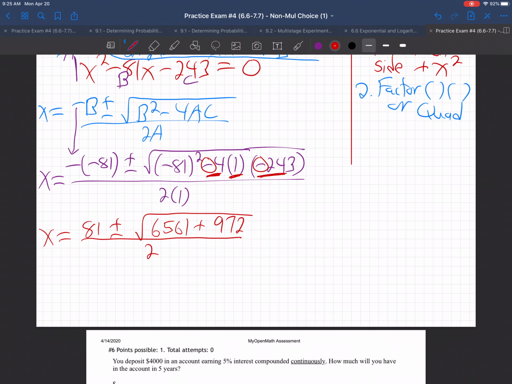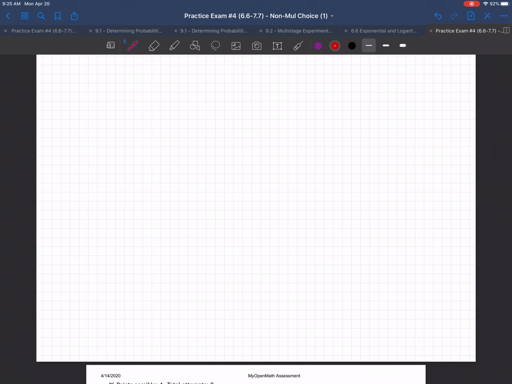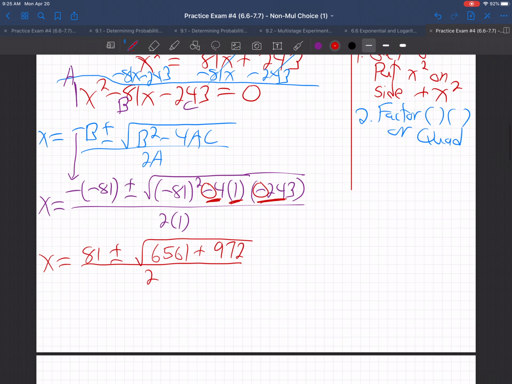Okay, now I'm going to need to add a page here. All right, so now where are we at? This will become 81 plus or minus the square root of 6561 plus 972, which is 7533, all over 2. And if you try to square root that, I'm going to try right now. I don't think it's going to be clean. No, it's something ugly.